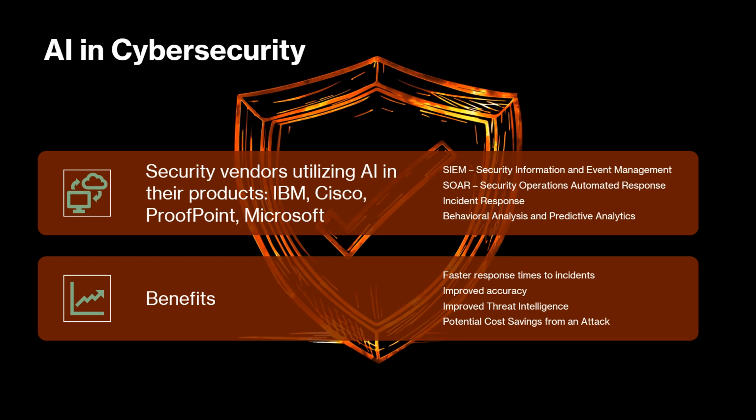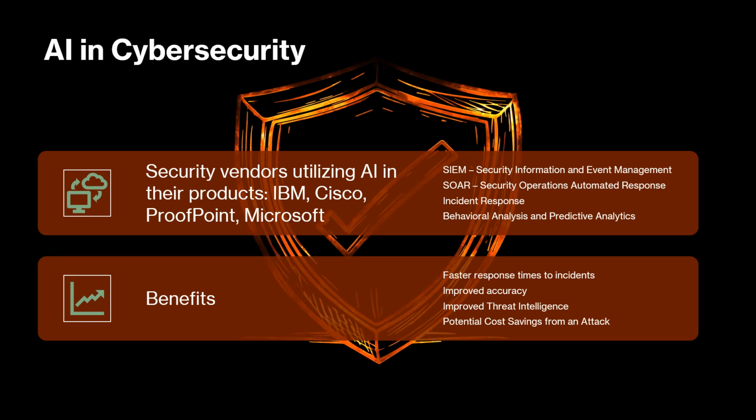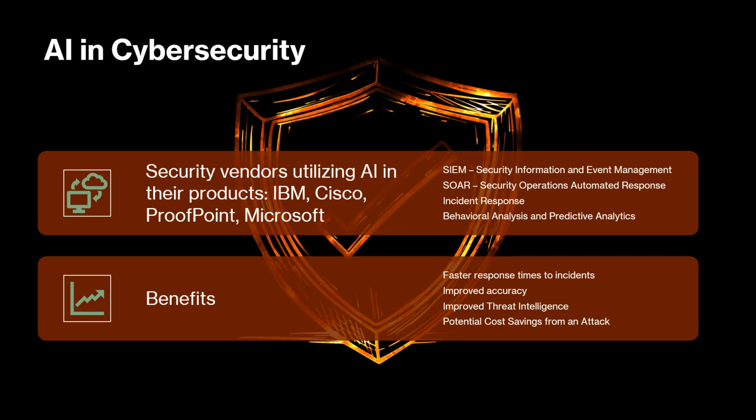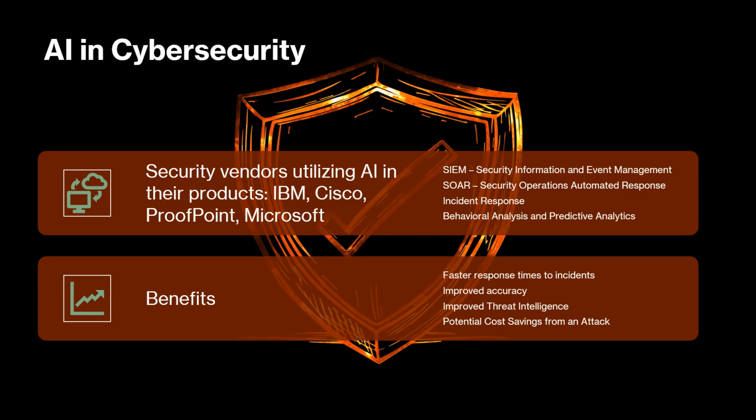SecureX detects anomalies across networks and automates responses like quarantining files or shutting down compromised endpoints. Silence uses machine learning algorithms to proactively block malicious files.